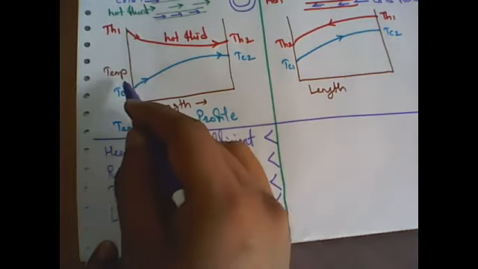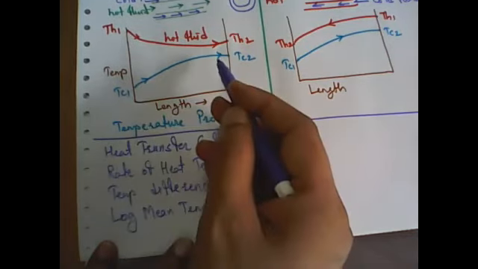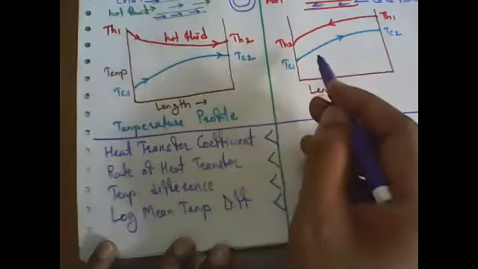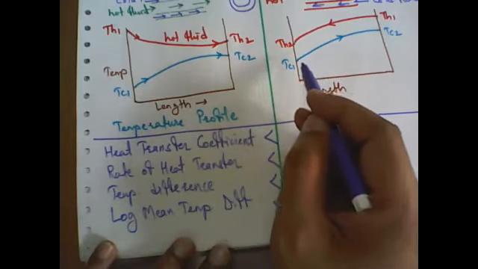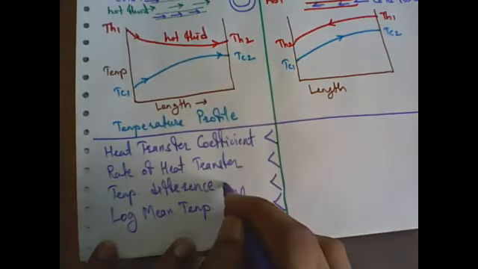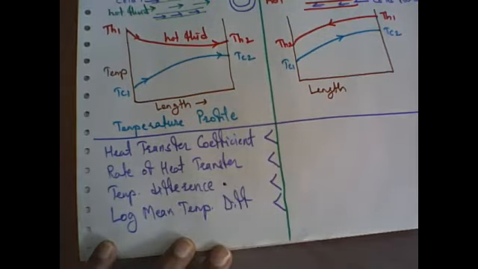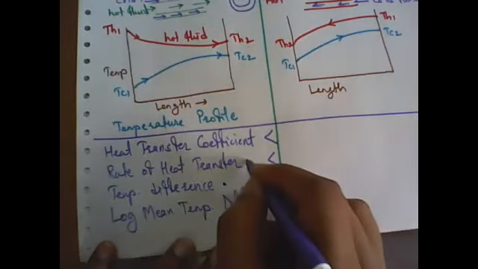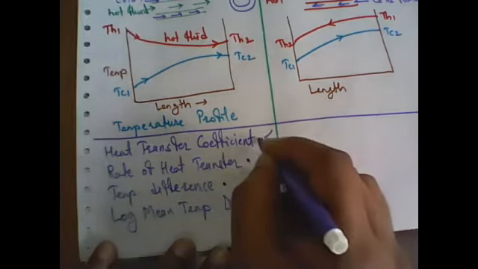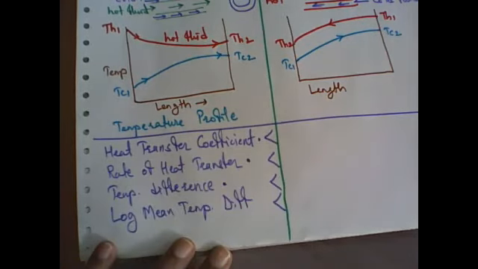As the temperature difference changes in the co-current case, while it is near about constant in the counter current case, the temperature difference values as well as the rate of heat transfer as well as the heat transfer coefficient are on the lesser side.